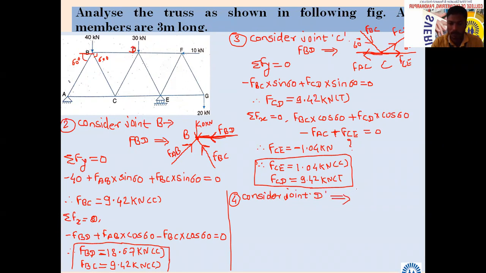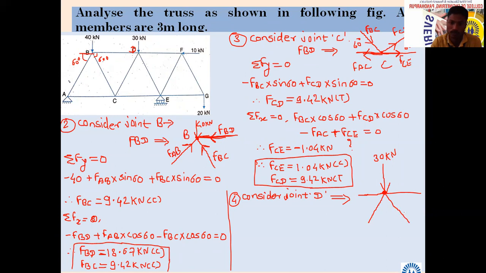Okay, so here I will draw the FBD directly. You see this point? This is 30, then horizontal. 5 forces are there here.